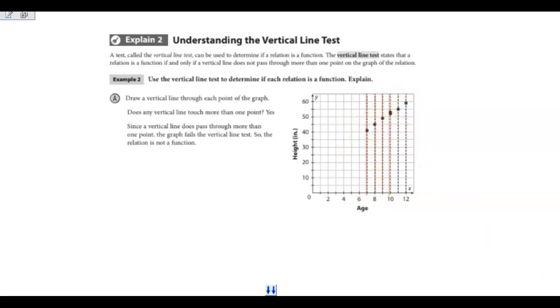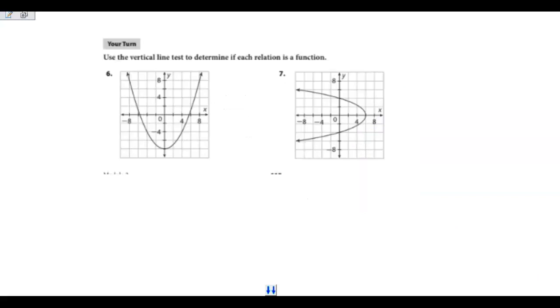This is an example of a function. When I use the vertical line test on these, if I come straight down with my vertical lines, is it crossing the line at more than 1 point, each vertical line? And the answer should be no. It's only crossing it once, so this is a function.